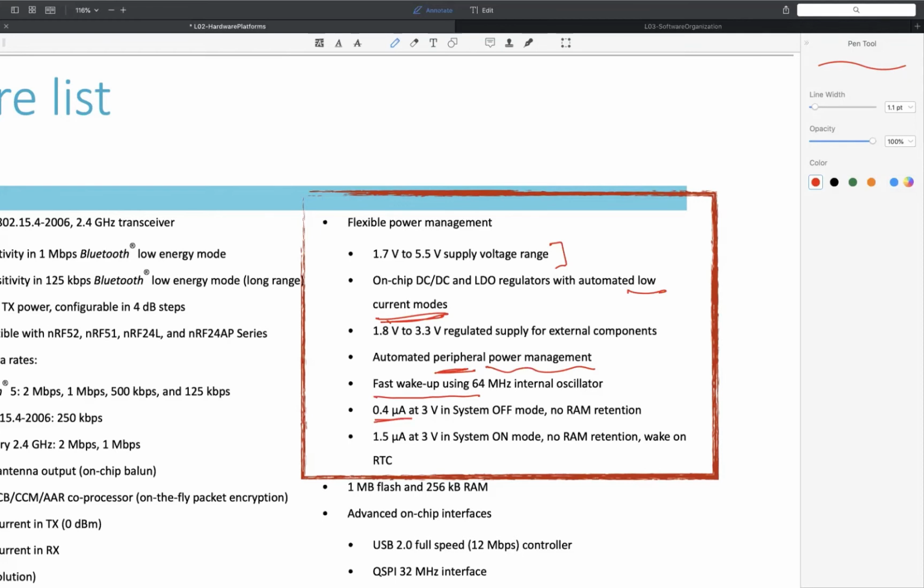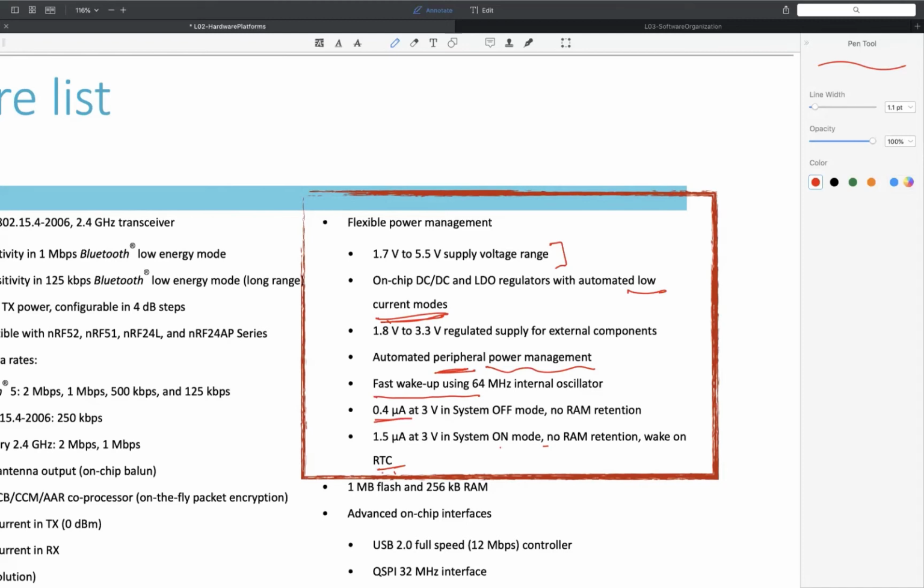Okay, so pretty good power consumption characteristics. And then you can also set it up so that the system is kind of on, and it can wake on a real-time clock, in which case you burn another factor of 3 to 4 in power.